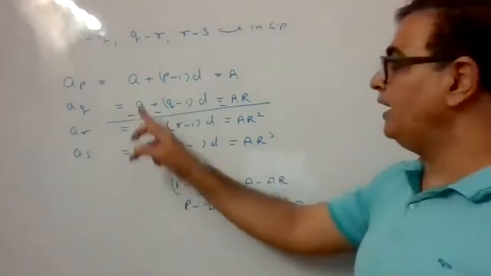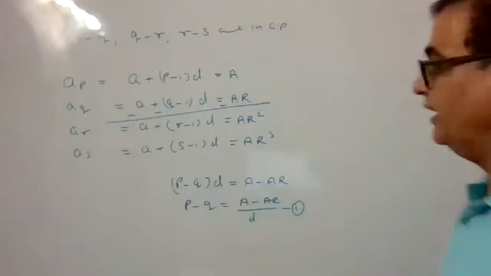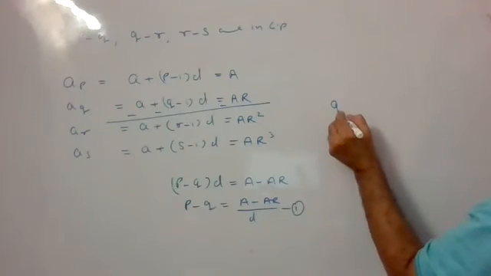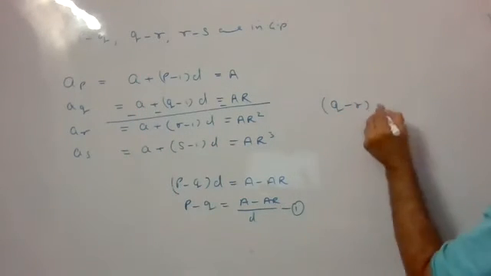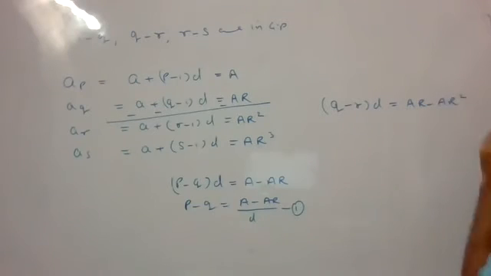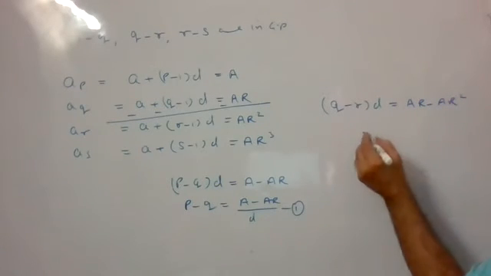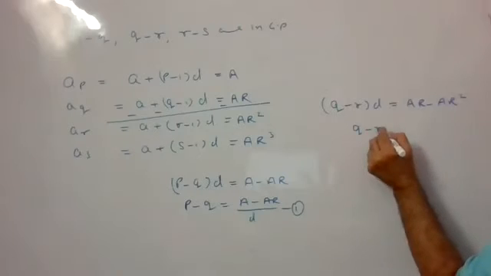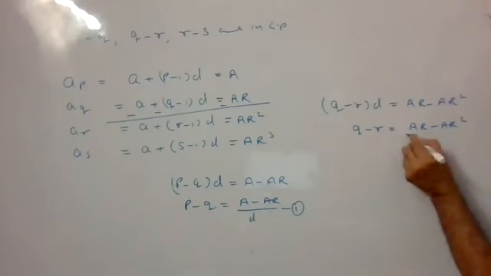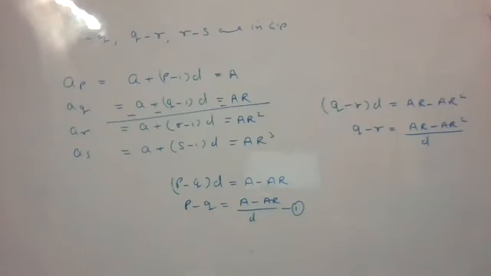Same way we want Q minus R, we have to take the difference of these two, so this will get cancelled. What will come? Q minus R into D is AR minus AR square, or I should say Q minus R will be (AR minus AR square) by D. This is equation number 2.